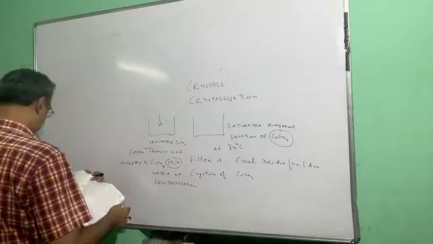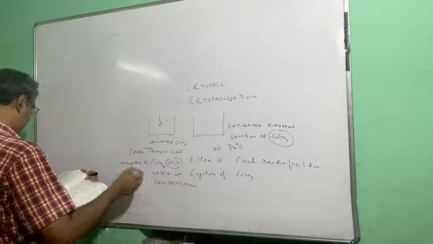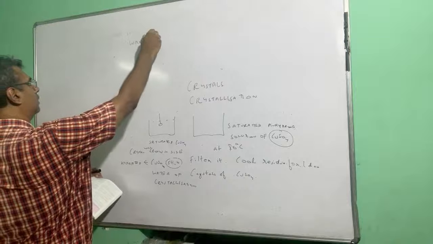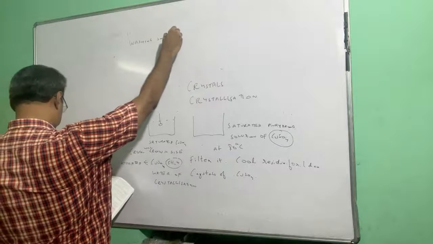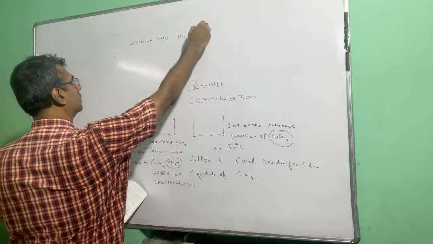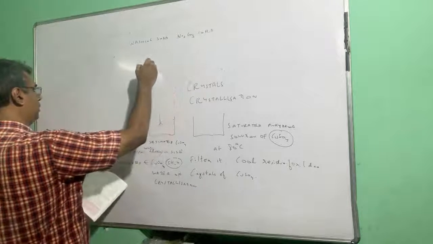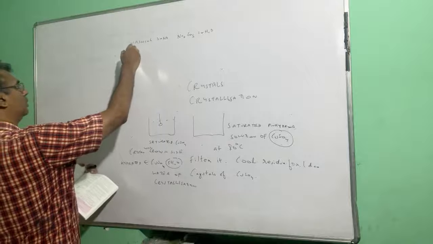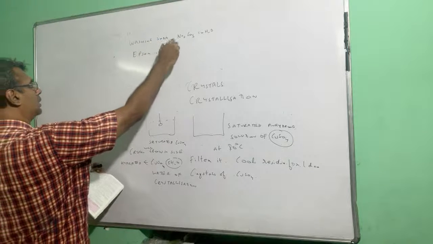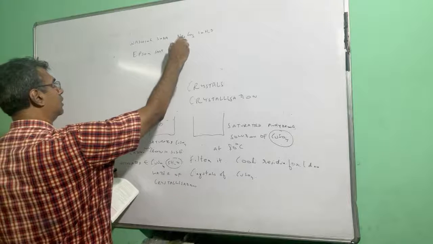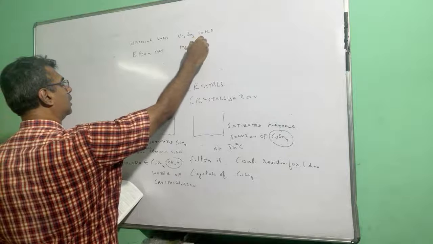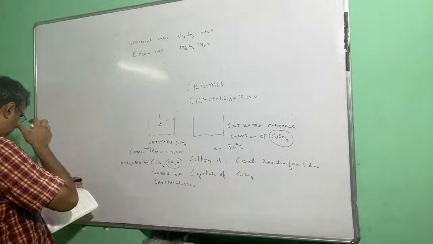So I am writing down some examples over here. The first example is washing soda, Na2CO3.10H2O. Second is Epsom salt, MgSO4.7H2O.